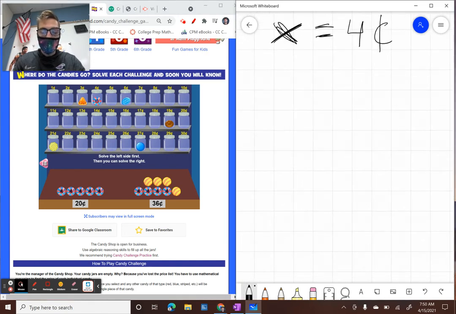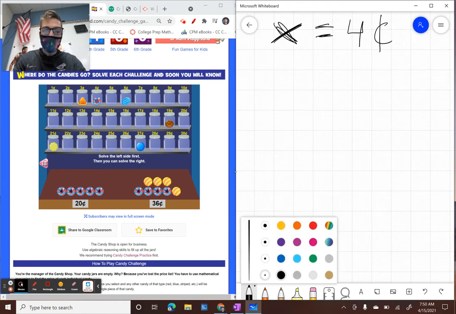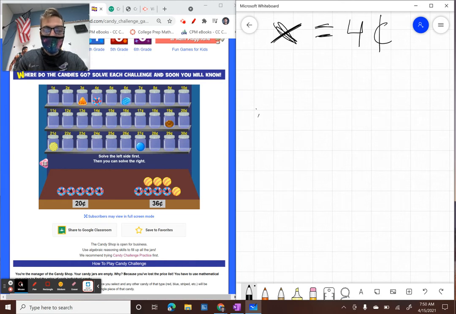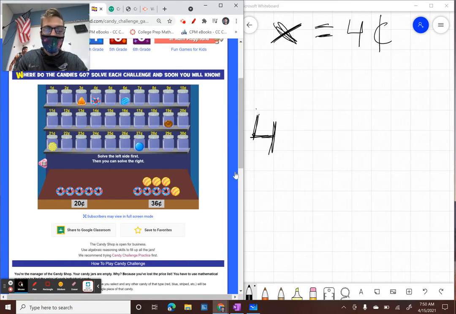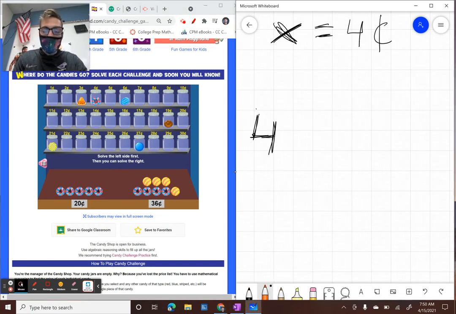So my equation for the right side here is going to look a little something like this. Well, let's see. I've got 4 blue candies over here on the right side. And we know that the cost of each of those blue candies is 4 cents each.